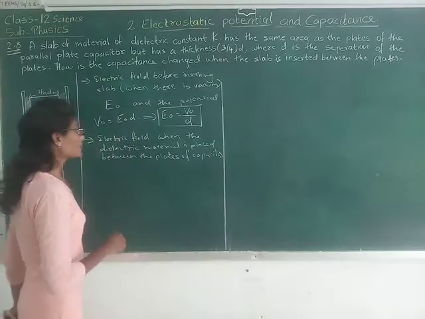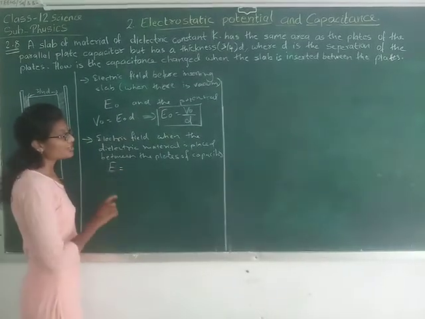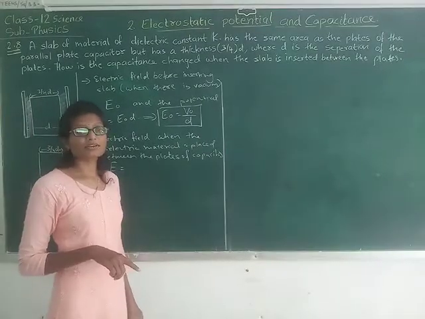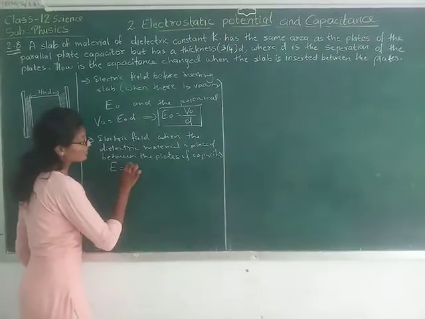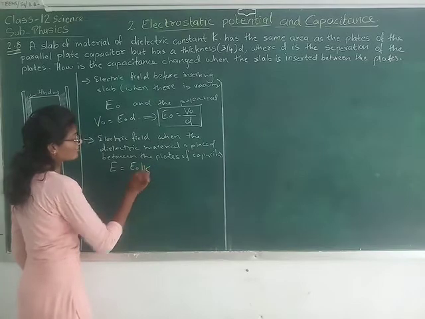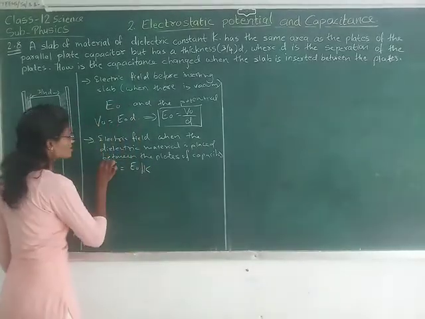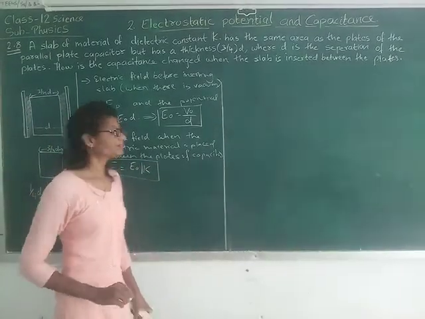So the electric field will also be changing, and the relation between the electric field when the medium is changed and the electric field with vacuum between the plates is E equals E0 by K, where K is nothing but the dielectric constant. This relation we have already studied in the theory part.